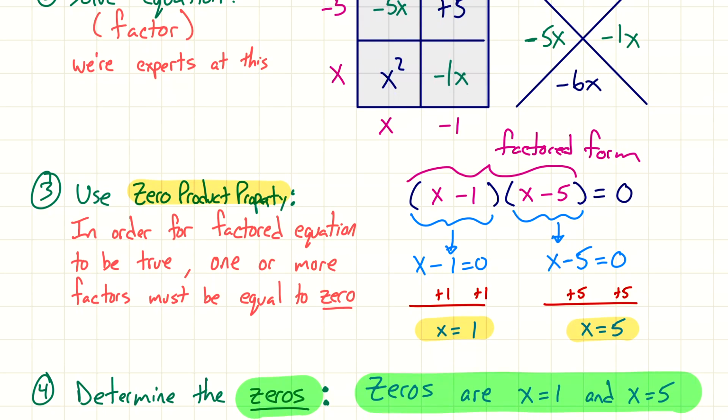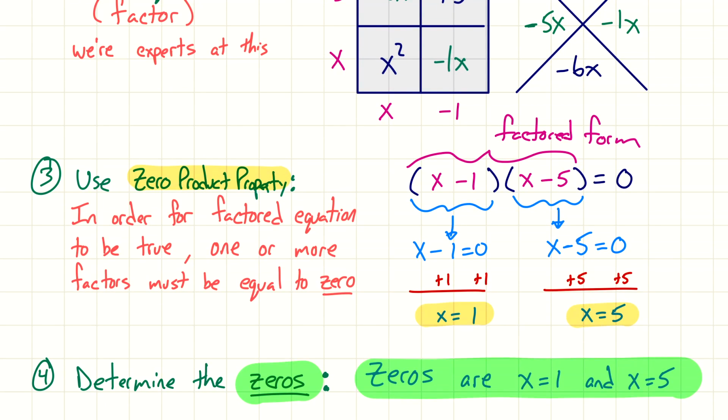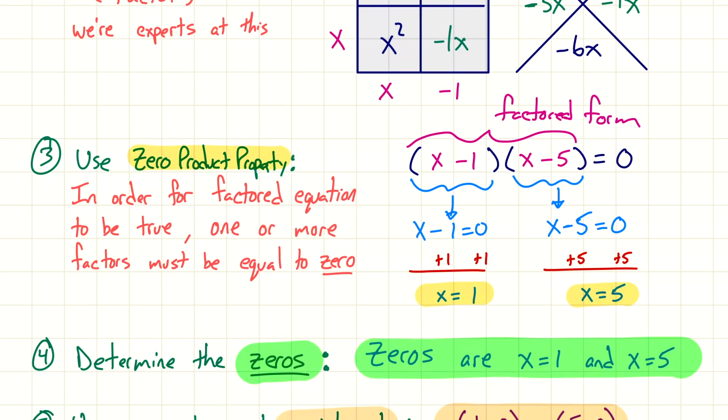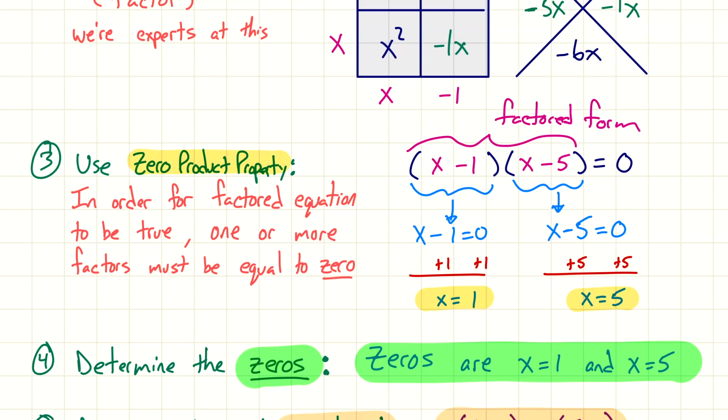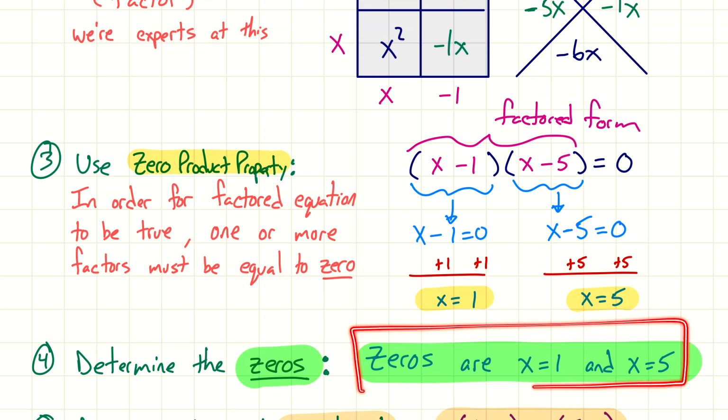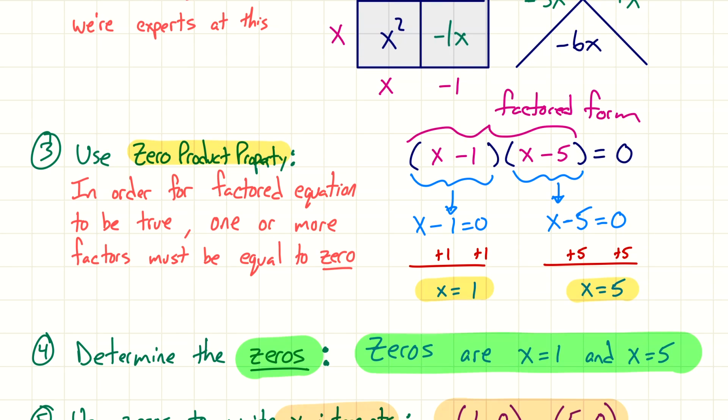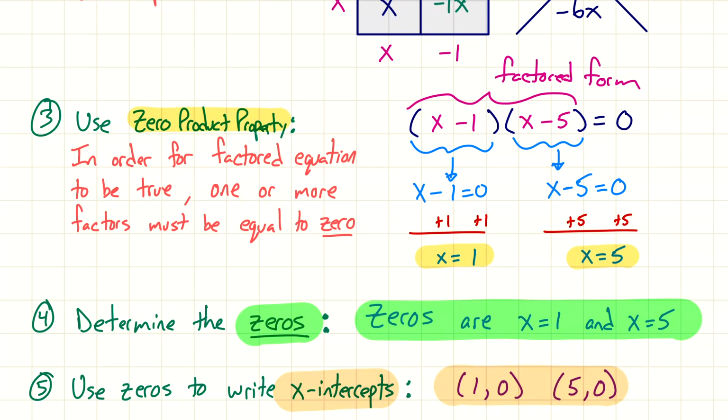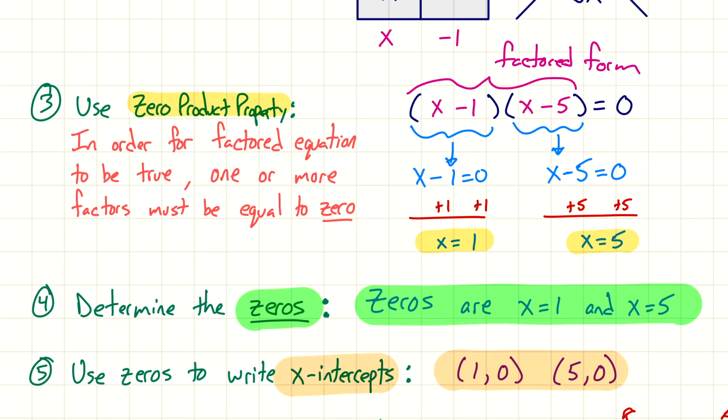And what those numbers mean to us, since those are our solutions, is that if I ask you what the zeros of this equation are, you could say, the zeros are x equals 1 and x equals 5. If I ever ask you for the zeros, you would give me an answer like that. Now, how does that help me? Well, it directly helps me find the x-intercepts.